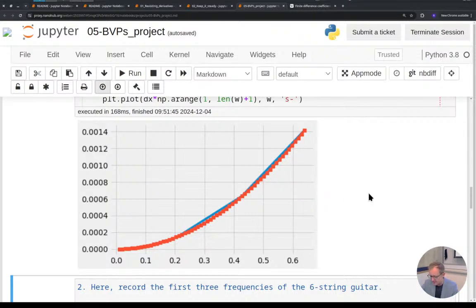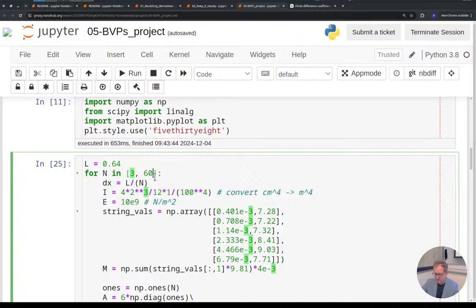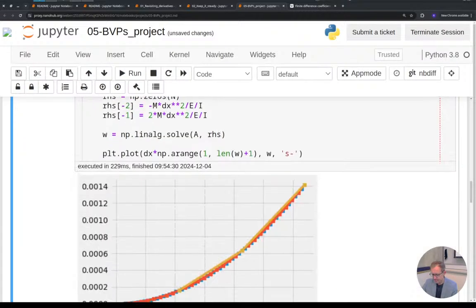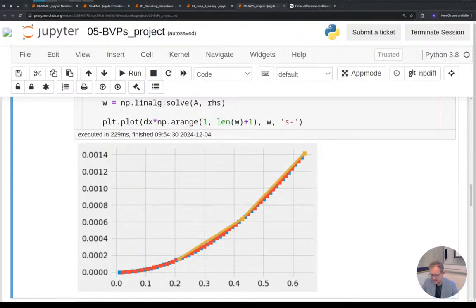It may help to plot this in reverse order. Yeah, so we can see 3 on top of 30 on top of 60, and at a given position, it's all the same answer. It's nice when things work out that way.